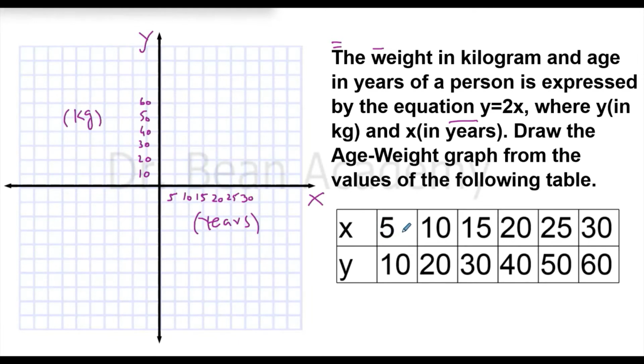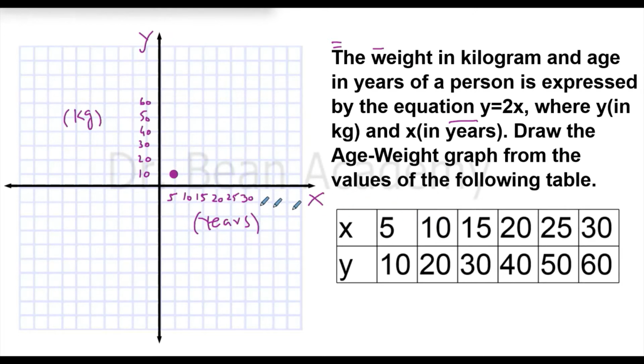Now we can locate the ordered pairs on this graph. We have set up the scale and units, so let's start locating the ordered pairs given in the table. For x equal to 5, when the age of the person is 5 years, his weight was 10 kilograms. I will go along the x-axis, stop at 5, then go up and stop where y is 10, and locate the point.